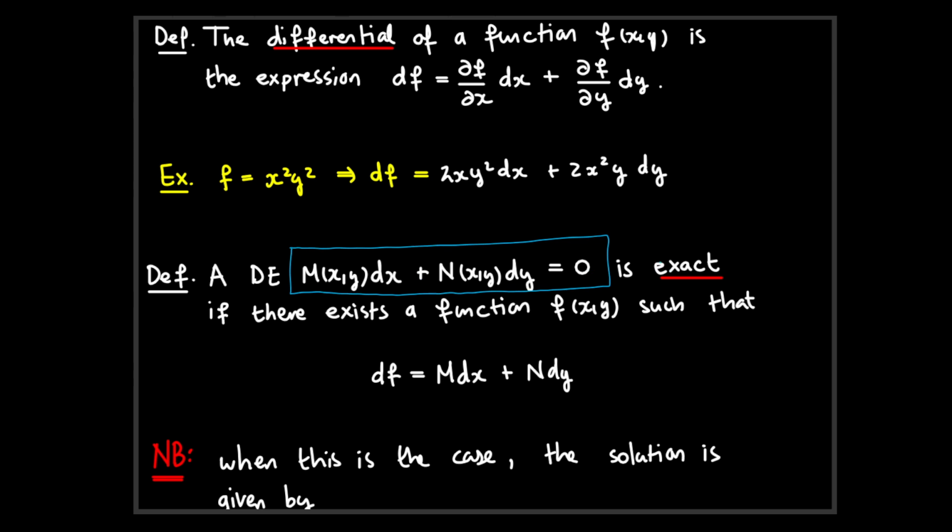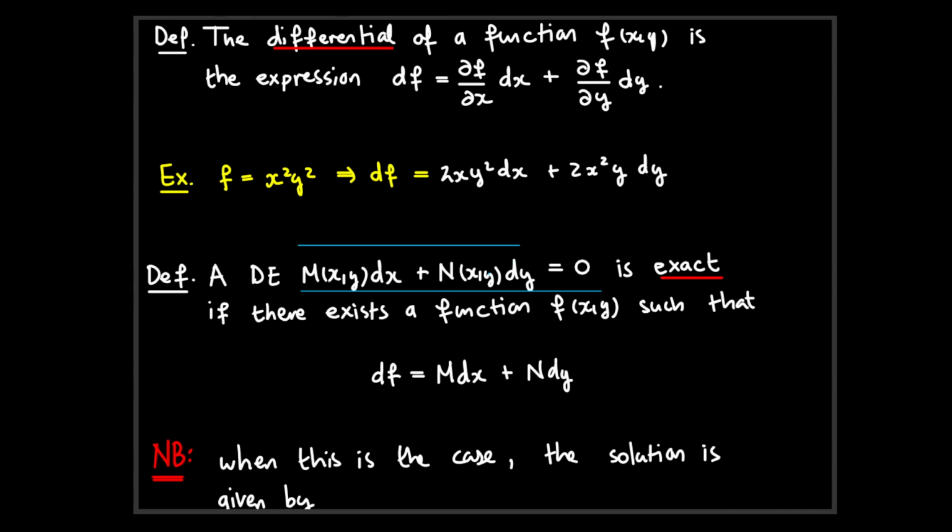So we define this equation to be exact if the left-hand side is the differential of a two-variable function. That's the way to think about this concept of exactness. Given such an equation, if this portion of the equation is the differential df of some function f(x,y), then we call the entire equation an exact equation.